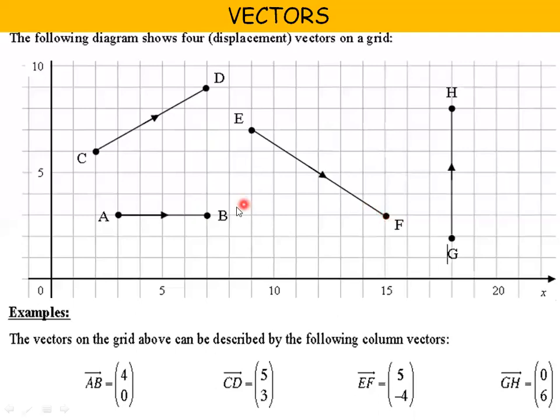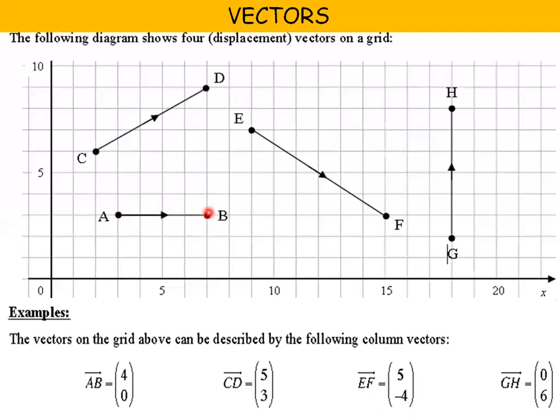In the same way, we can describe the vector AB as a column vector. So let's start from A and move towards B. Horizontally, I have movement to my right because the arrow shows to my right. So I have 1, 2, 3, 4. That's movement to the right 4 times. Now there is neither a movement upward nor downward.